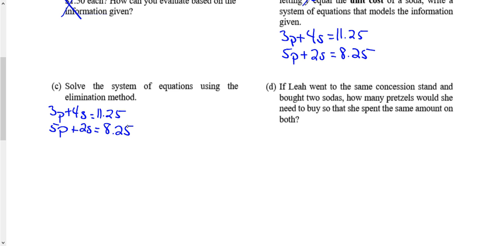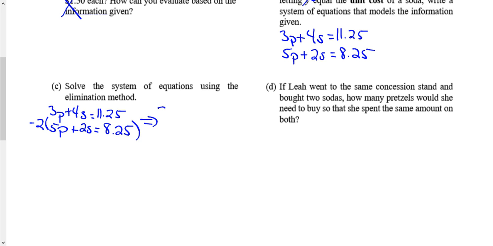I mean, we could do it, but I have to multiply both equations by some number. But look at the S's. That 2S goes into 4S easily. So if I multiplied by 2, I'd have 4S down here. But what do I want? Negative 4S, so I need to multiply by -2. So let's see what that gives us.